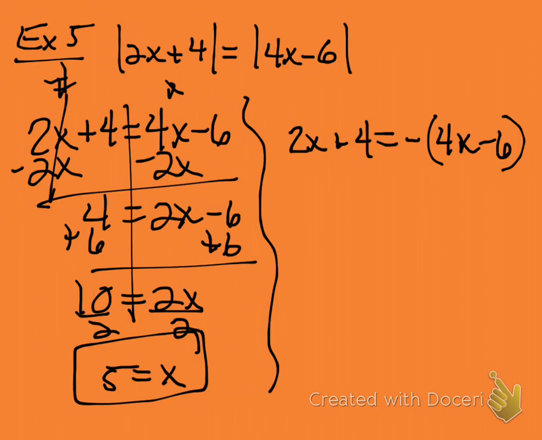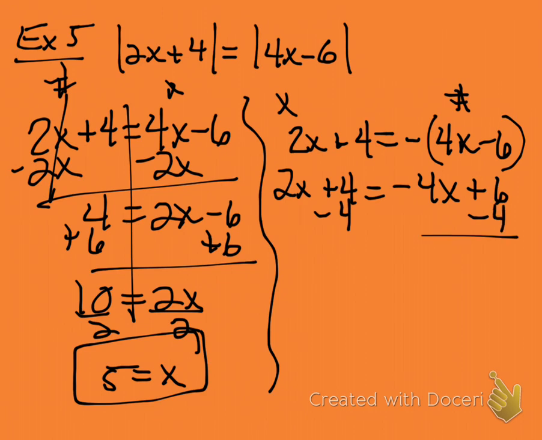Let's do the other one now. 2x plus 4 equals negative 4x plus 6. There we go. And now I'm going to say x is on the left, numbers on the right, because I've got more x's over here. So I want to get rid of my numbers. Minus 4, minus 4. 2x equals negative 4x plus 2.